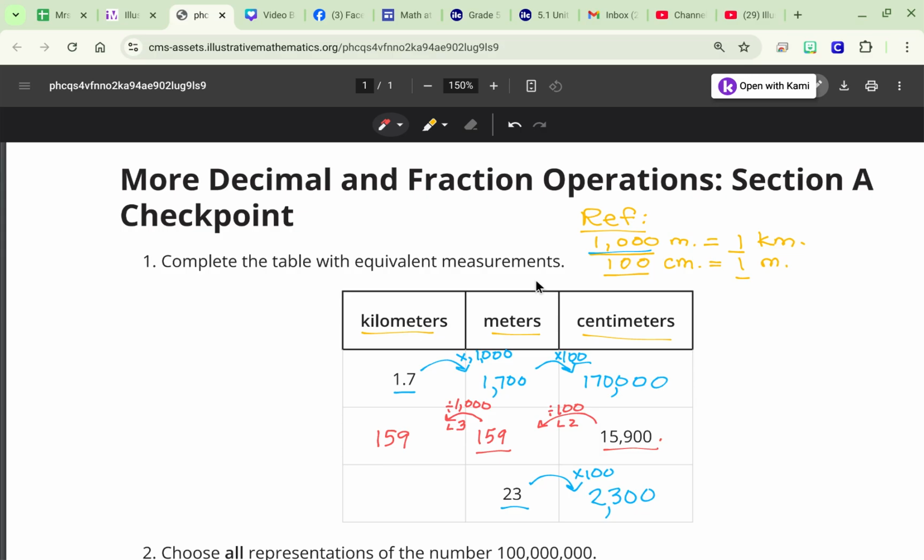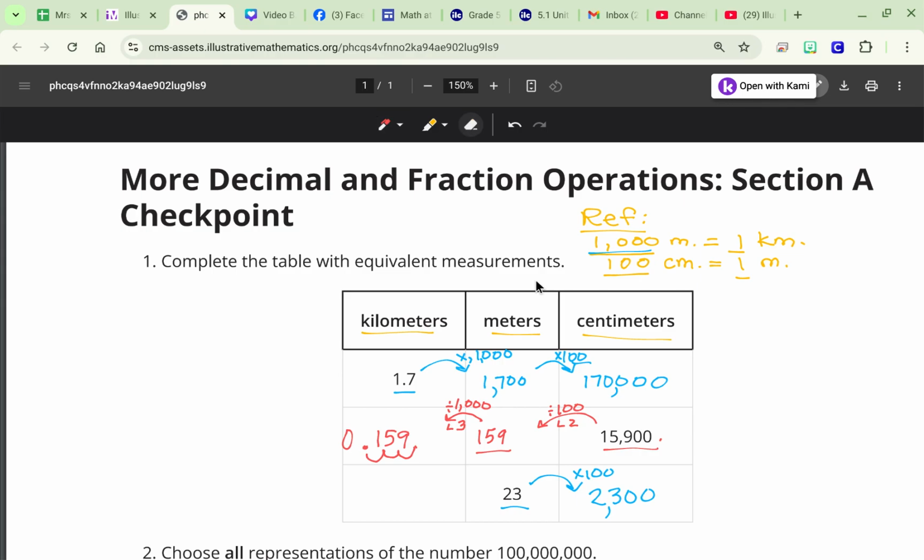In a whole number, the decimal starts at the end. So to move my decimal 3 times to the left, I'm going to move 1 time around the 9, 2 times around the 5, 1 more time around the 1, and now I have an answer of 159 thousandths. I can put a 0 in the ones place or not. That 0 is optional.